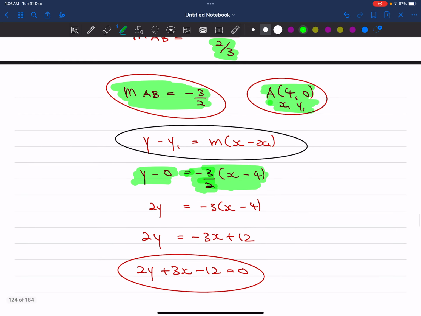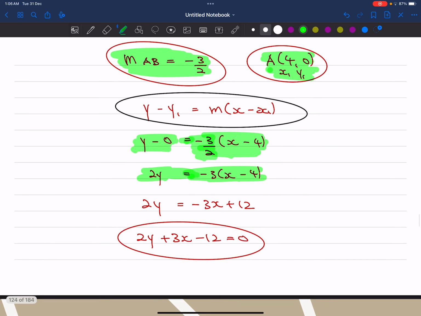Now on the left hand side, y minus 0 is of course y, but I took the 2 from the right hand side to the left hand side. So 2 times y gives me 2y equals negative 3 times (x minus 4).